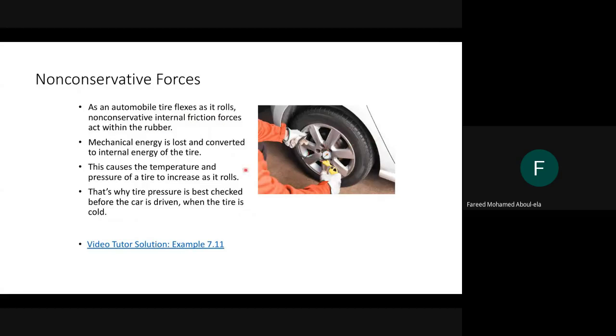Mechanical energy is lost and converted to internal energy of the tire. This causes the temperature and pressure of a tire to increase. So some of the energy is going into raising the temperature of the tire. So that energy is gone. The energy was not conserved. Because of that, the force is not conservative.